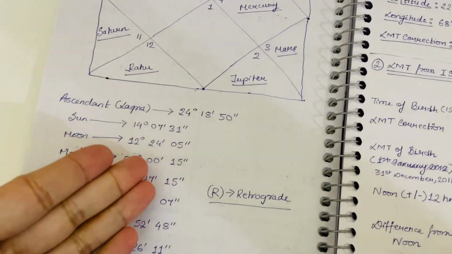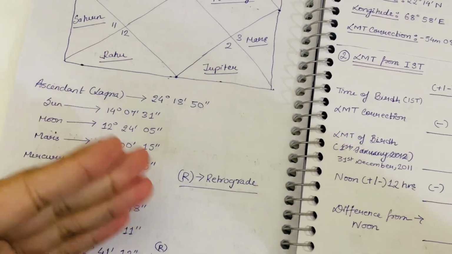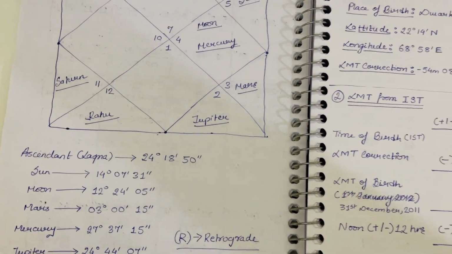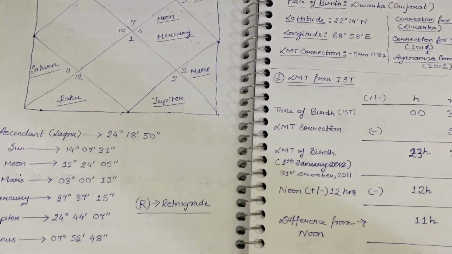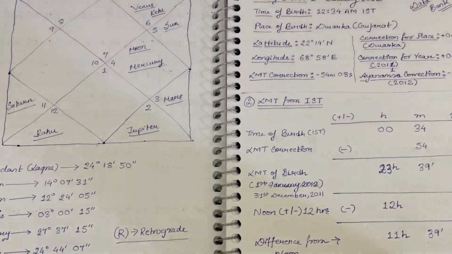Now I will consider the longitudes including the seconds. That is what we have calculated using the ratio method for finding out the planetary locations and the planetary longitudes.